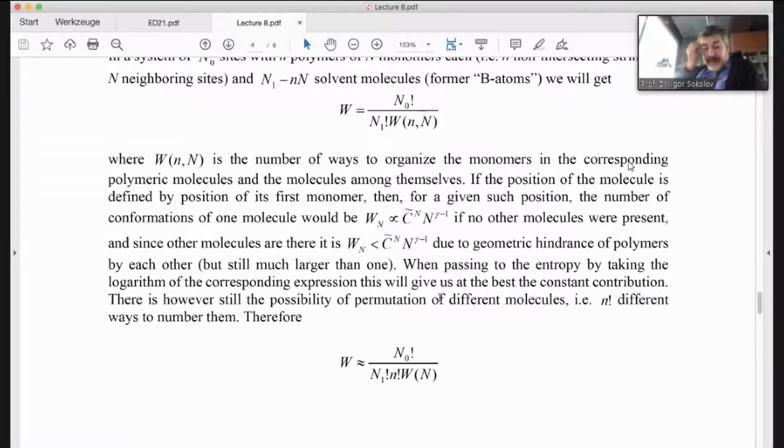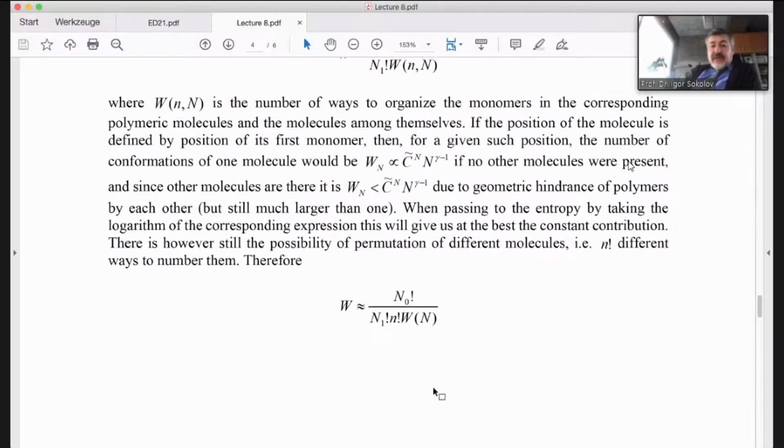A major effect is the fact that you cannot move the atoms in the molecule at random. The total number of ways in which each molecule can be organized, if the other molecules do not disturb, is here. This is what we discussed yesterday. The first atom of the molecule, the beginning, can be placed everywhere. But the rest is confined.